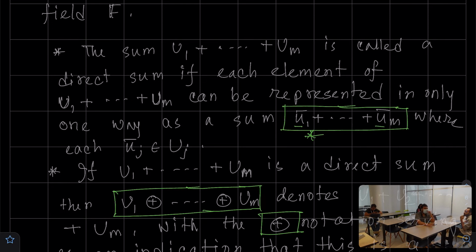The example you gave us, let's say in R3, they had only one intersecting element, that is the 0. If they have many more intersecting elements, that cannot be written as a direct sum.